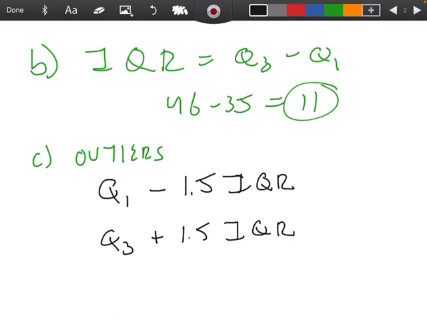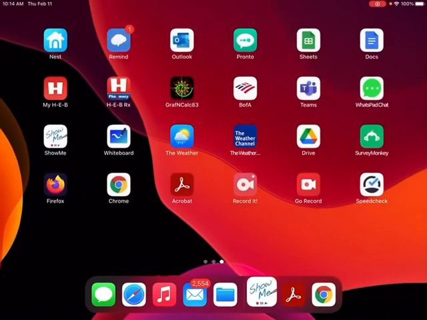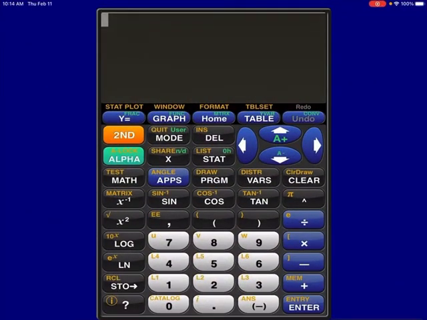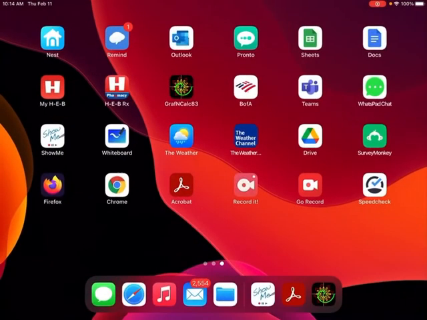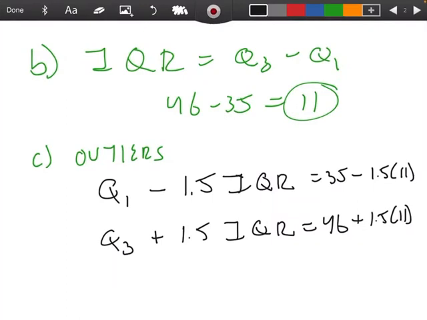We said Q1 was 35, so 35 minus 1.5 times 11. And this one here is going to be 46 plus 1.5 times 11. Let me get my calculator and do those calculations. 35 minus 1.5 times 11, 18.5 is the first one.